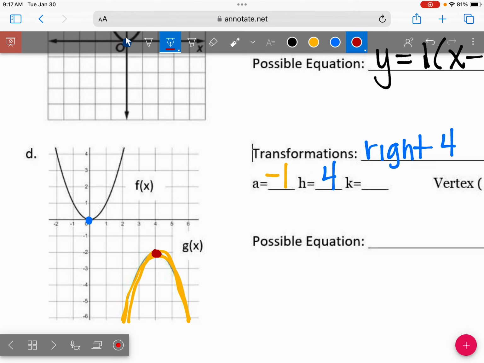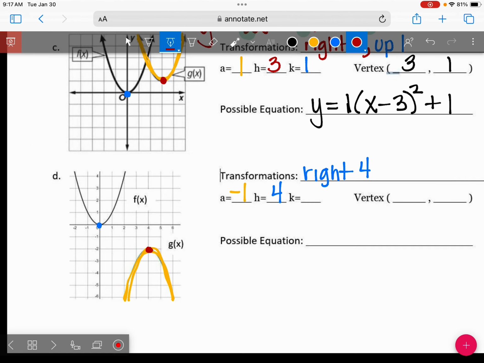And then what else did it do? It went down 2. I heard somebody say down 2, good. So that would be your K value. So your vertex is at 4, -2. Go ahead and try to write your equation.